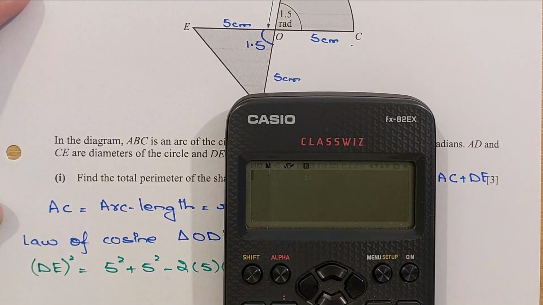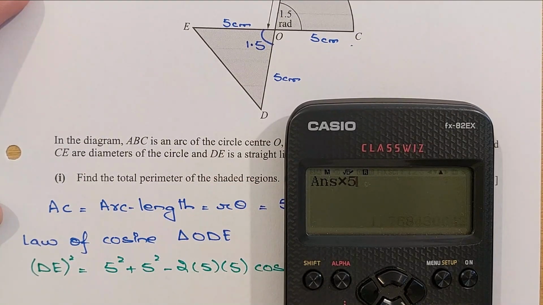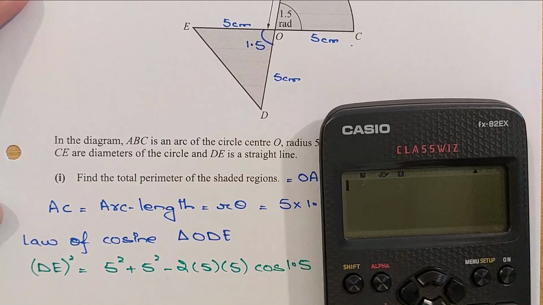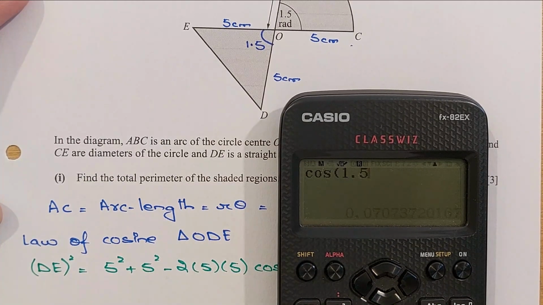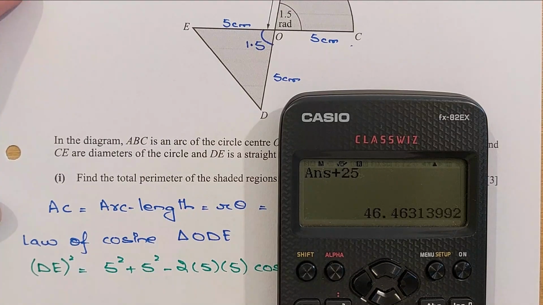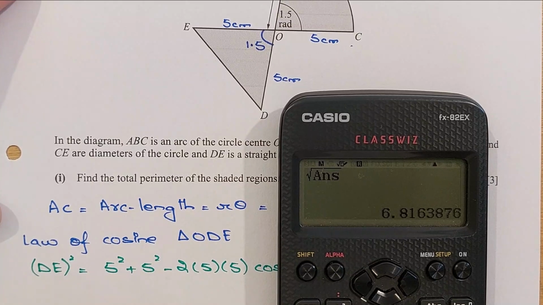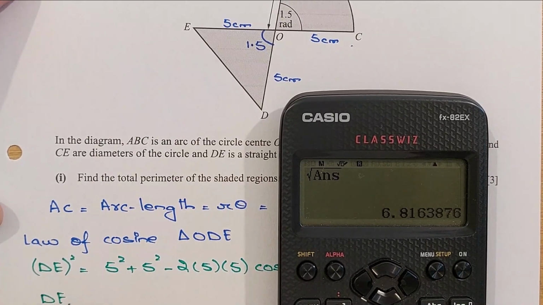Cos 1.5 times 5 times 5 times negative 2 and add 25 and add 25. So this is DE squared, and the square root is DE. DE is equal to 6.8.